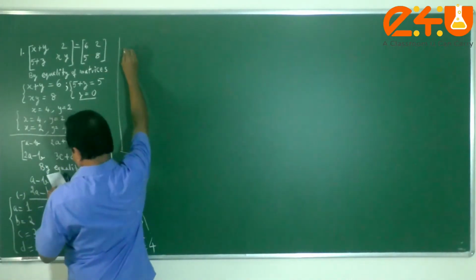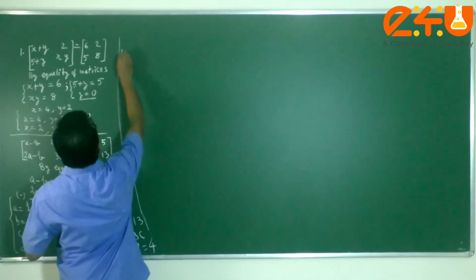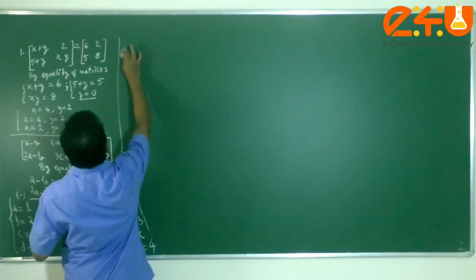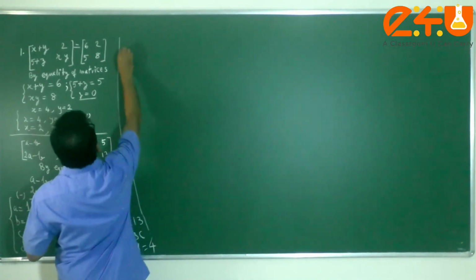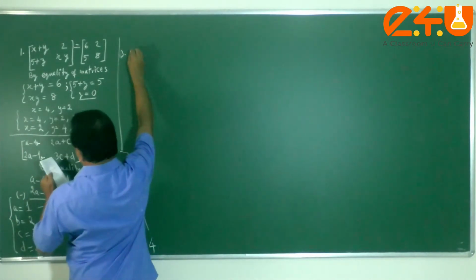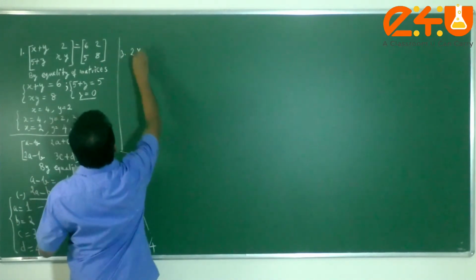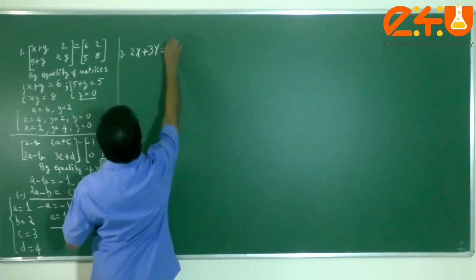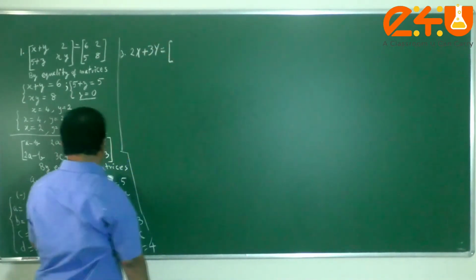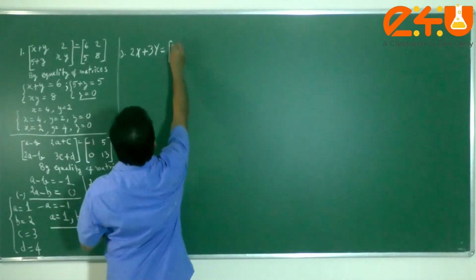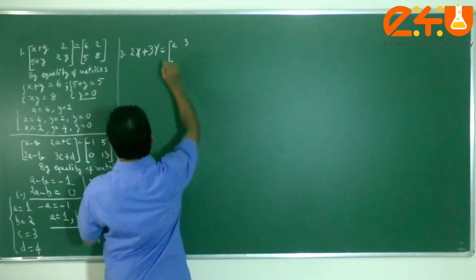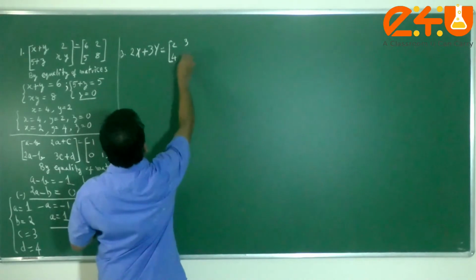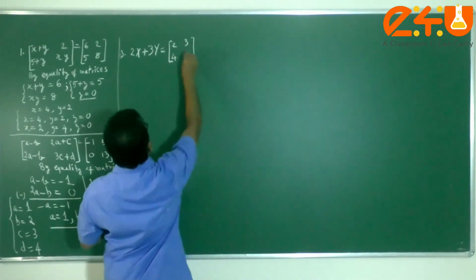So let me take one such question. Find X matrix and Y matrix given 2X plus 3Y equals the matrix with first row 2 and 3, second row 4 and 0.